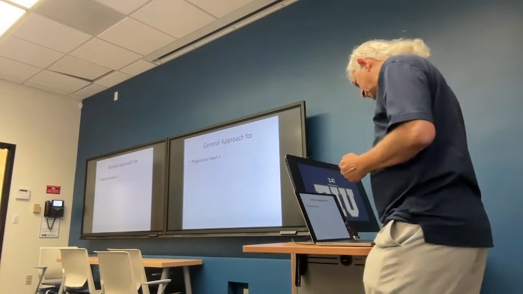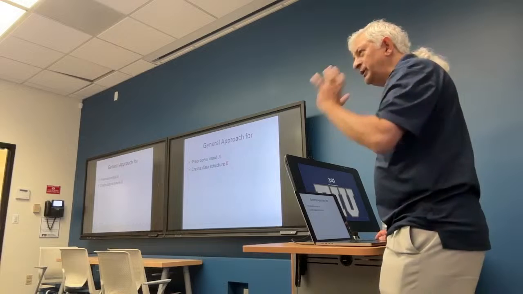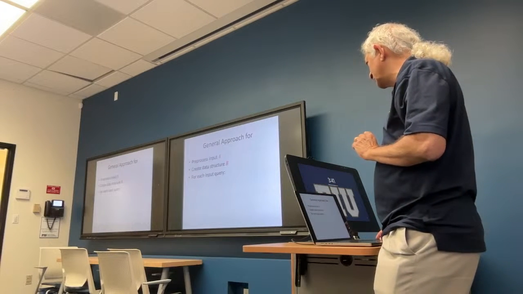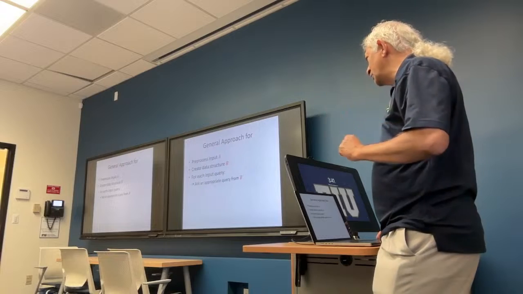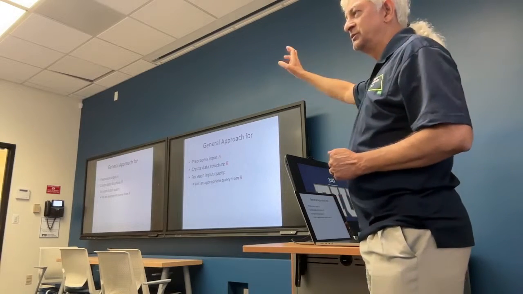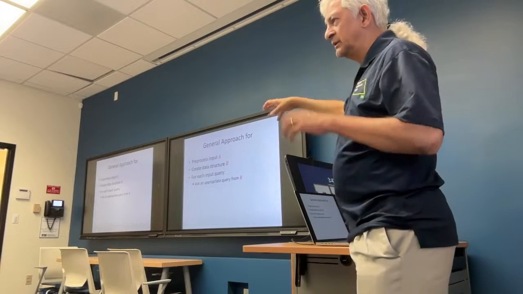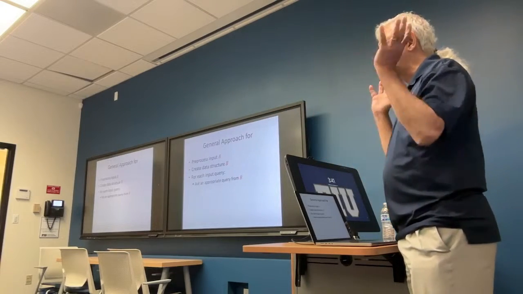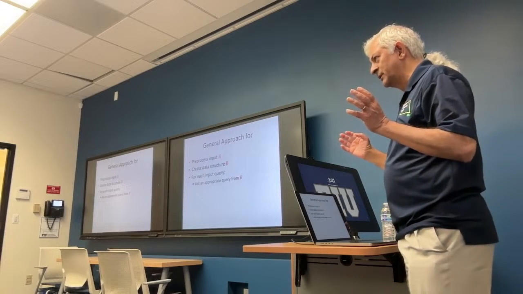And so you pre-process the input, you create a data structure, which we'll just call generically a data structure B. And then for each input query, instead of searching through the original array, we'll search through this data structure called B. And this data structure will be organized in some smart way so that your queries can be answered quickly, okay?